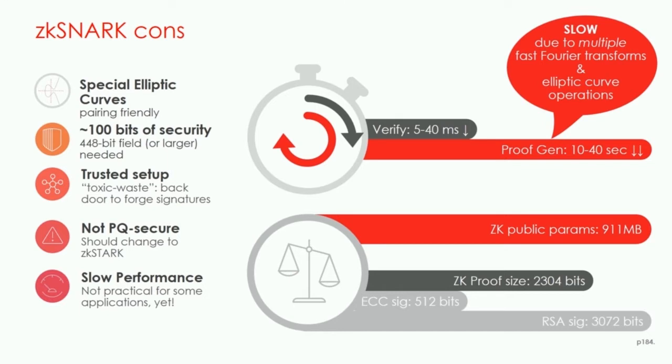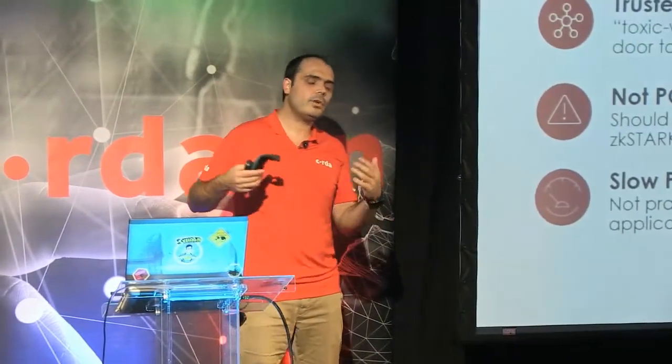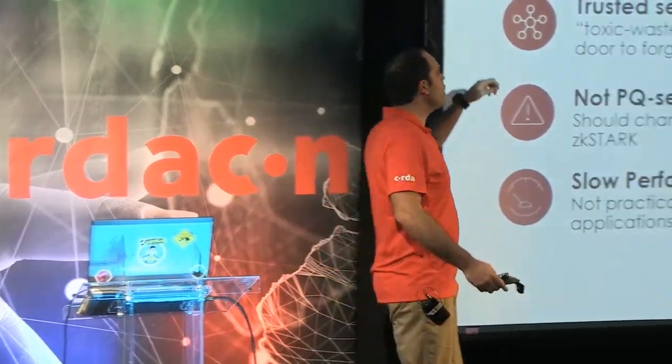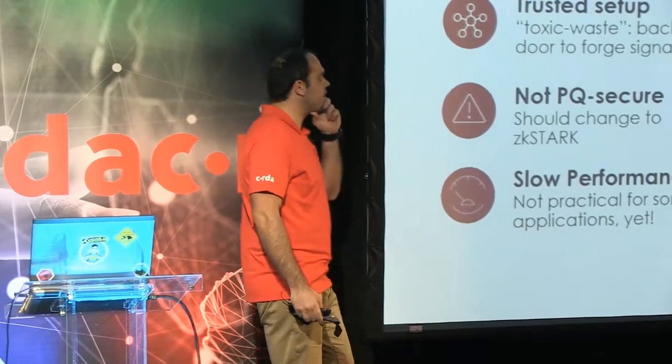But today, the standard is 128. It's true that we still can't break these bits of security with conventional computers, but we have to go to bigger curves. That's one of the problems that concerns us, and we're still doing research on whether this can be applied to Corda at the moment.